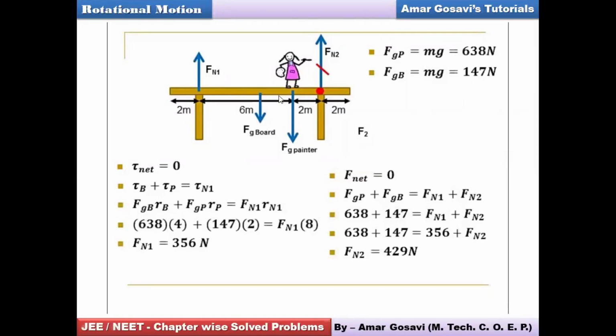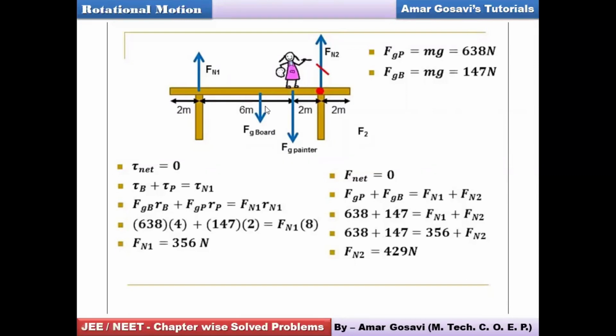And what is the distance? You can estimate it. Ultimately you'll realize that the distance comes out to be 2 plus 2, 4. This entire length is 6, and this is 2. So this distance is 2 meters. Therefore, it will be 638 multiplied by 2 plus 2, that is 4 meters over here, and it is being taken positive. Why?